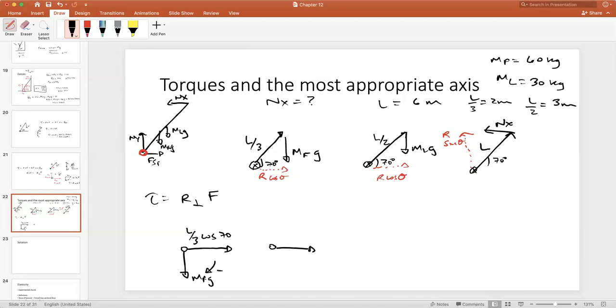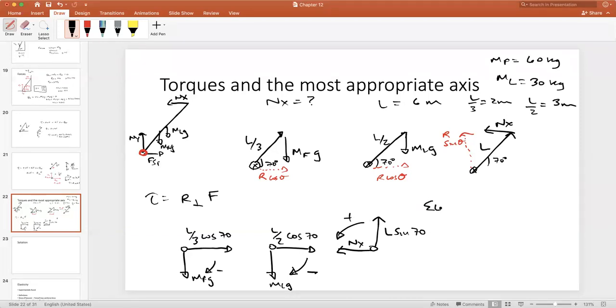I have L/2 times cosine of 70 times m_l g. Again, clockwise, so it's a negative torque. And then I have L sine of 70 times n_x, and this is a positive rotation.